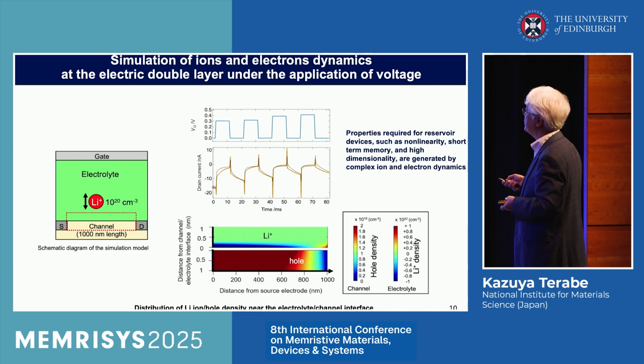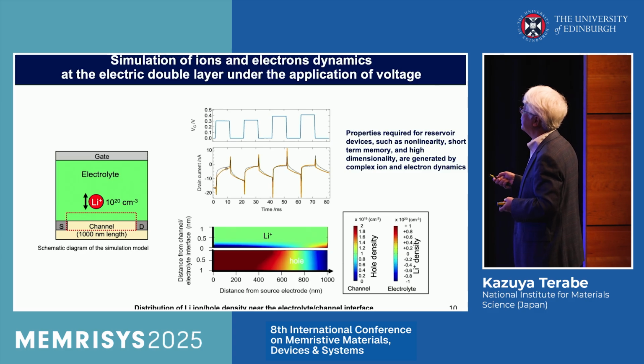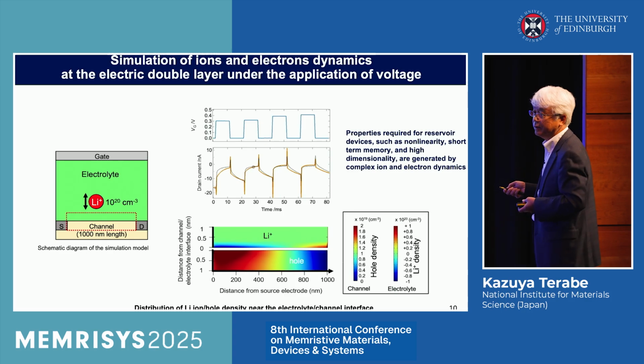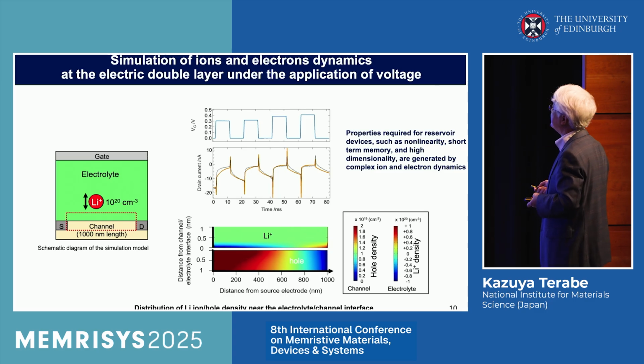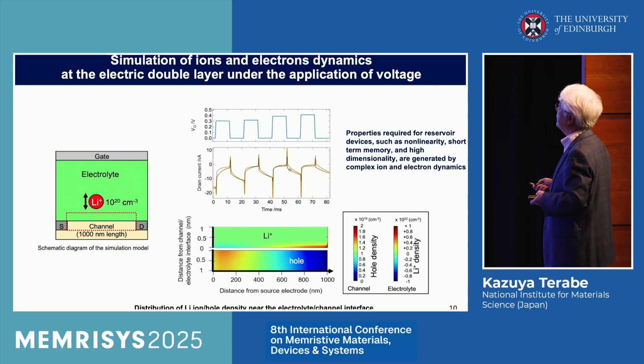With the input bias, the drain current increases. You can see the lithium density and the hole density change like this. Very complicated behavior.